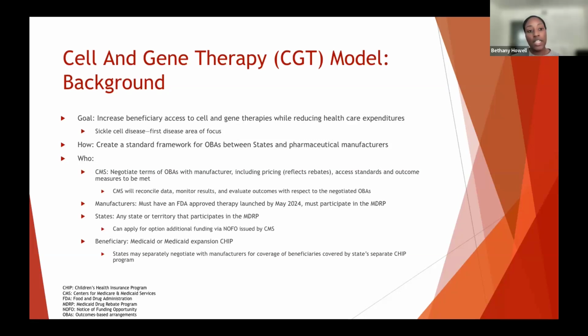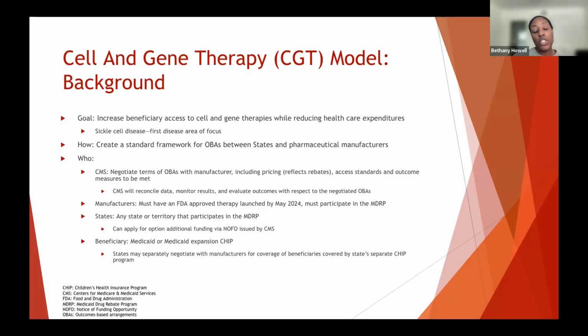And it was decided that sickle cell disease would be the first disease area of focus, which is really exciting. And so what the CGT model will do is create a framework for outcomes-based arrangements between states and pharmaceutical manufacturers.